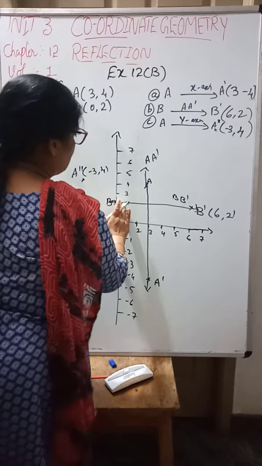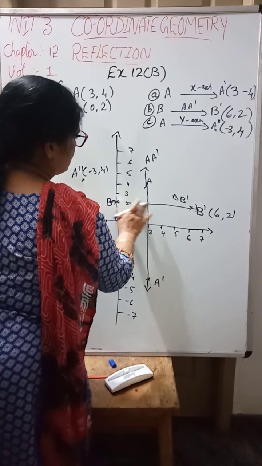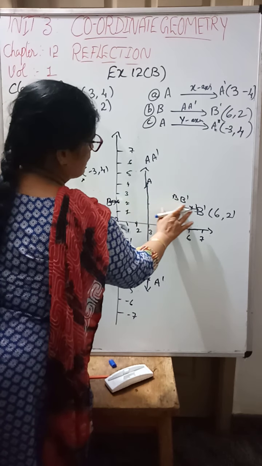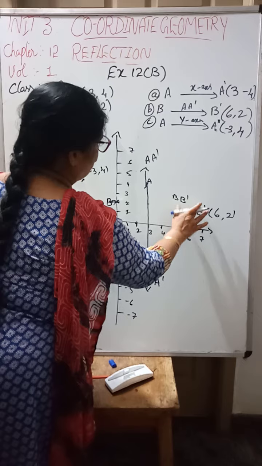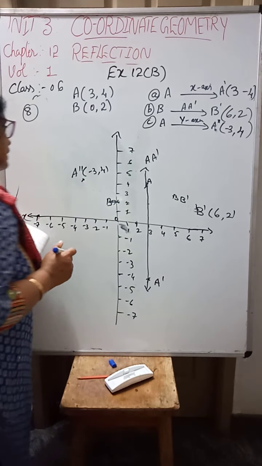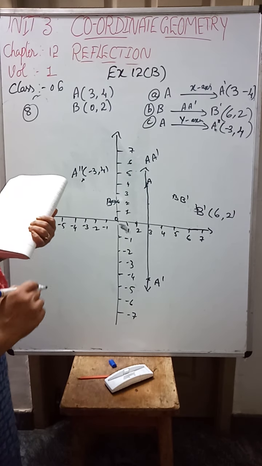In case we need it, we will join. Let it be as it is. Now, C is over.